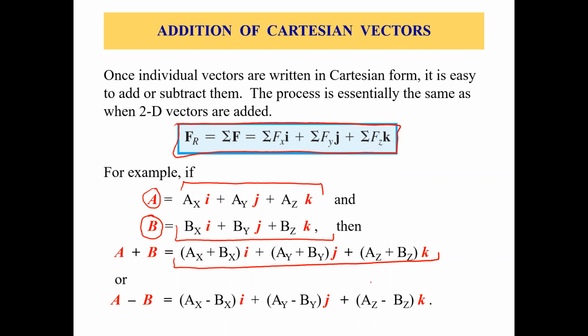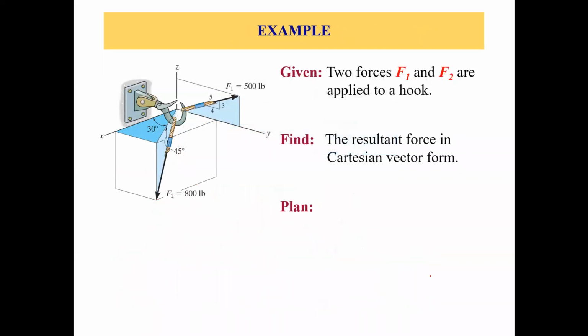So just subtract the B components from the A components, and you get the result of A minus B. Okay. All right. So that was the theory part of using the Cartesian system for 3D space, for 3 dimensions, x, y, and z.